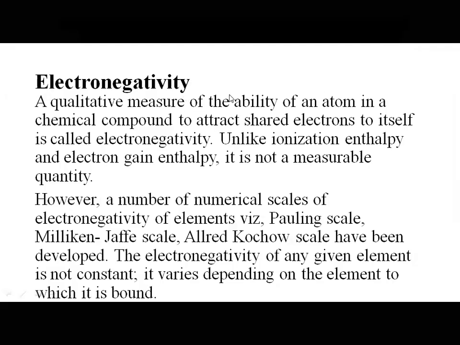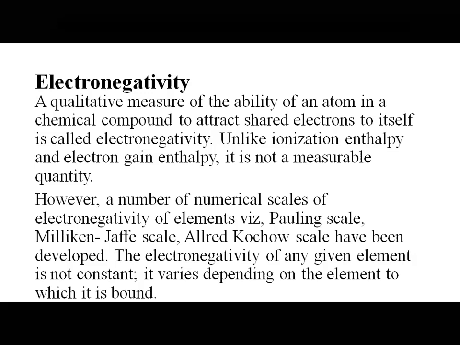Next concept, electronegativity. We have seen this term electronegativity when we were discussing the physical properties of metals and non-metals. Metals are electropositive. They have electropositivity character. Non-metals are electronegative, we said.